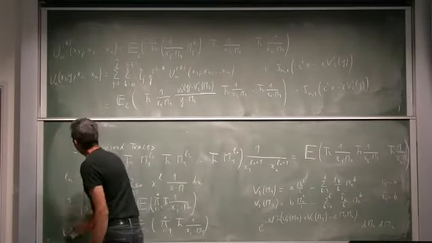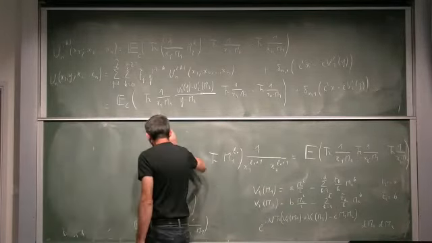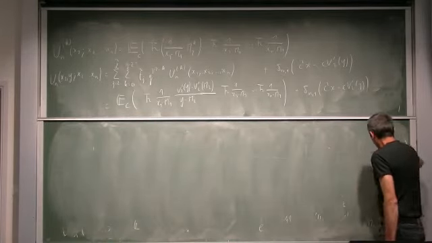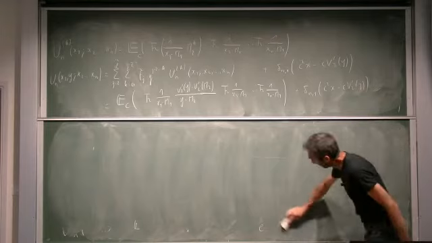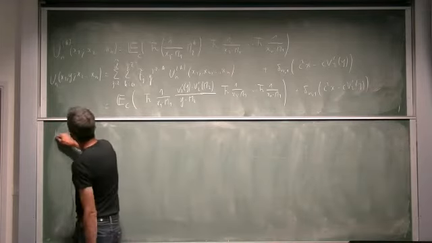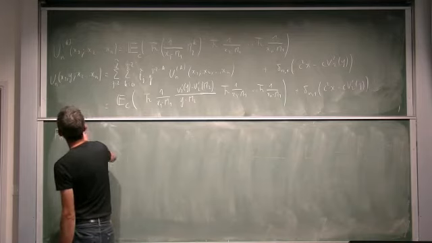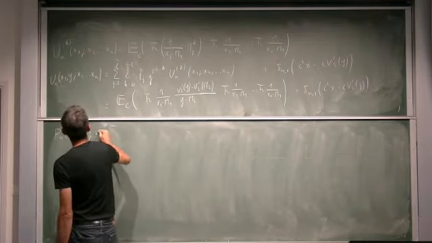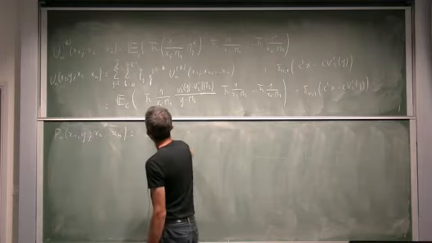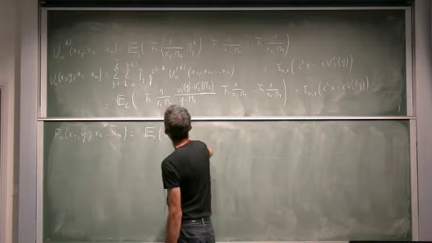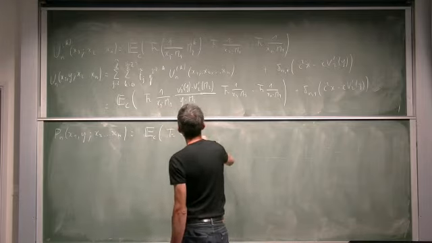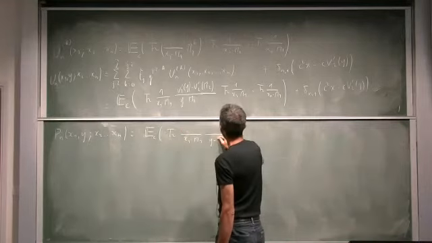Let me give two other functions that we want to compute later. Another one is the following: P_n of x1, y, x2, ..., xn will be the expectation value of trace of x1 minus m1, y minus m2.